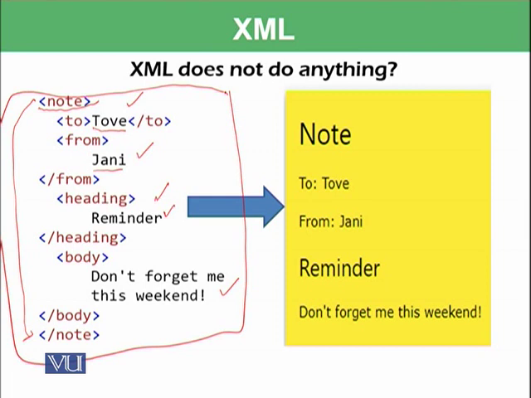This means that you need to write some other software which will understand this code and translate it into an output like this, which we have on the right side. Such software needs to be written, reading XML tags and data from XML tags and then printing it in this way.